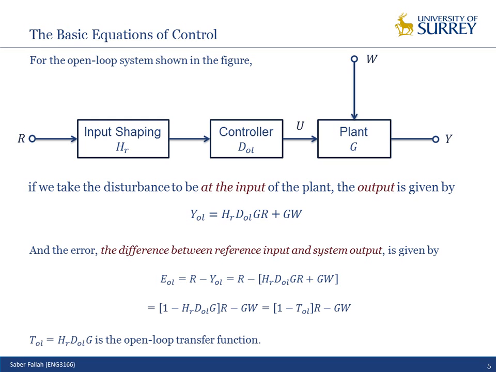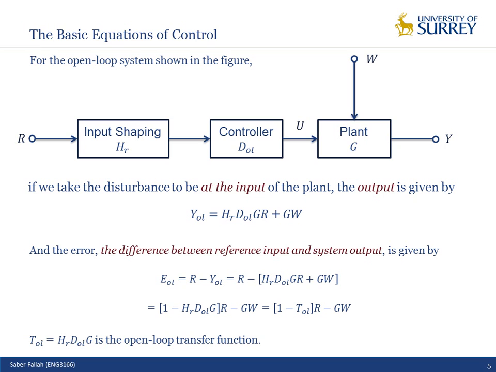I will have 1 minus HR DOL G multiplied to R minus GW, or 1 minus transfer function of the open loop multiplied to R minus GW. If W is 0, the response will be only this. The error will be because of the reference input. If the reference input is 0, the error will be just because of the disturbance input. Correct? Any question?